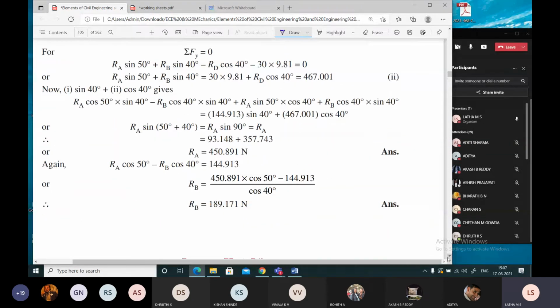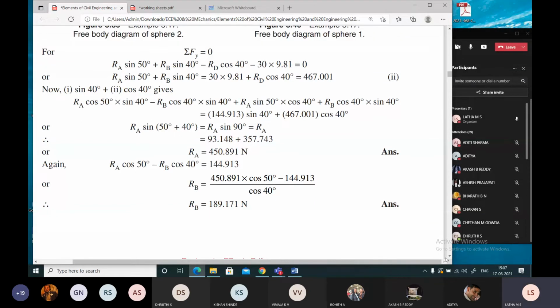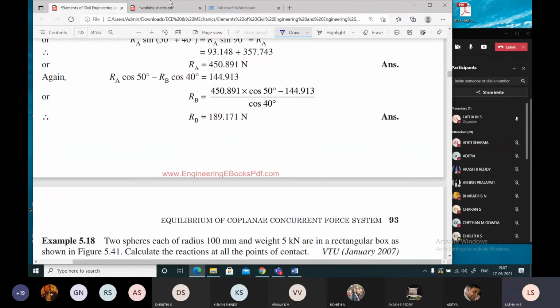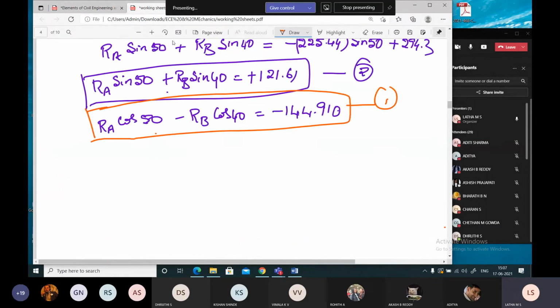They have taken the substitution, substituted one unknown into the other unknown. You can do that also. Squaring and adding is also fine. Which way is preferable?